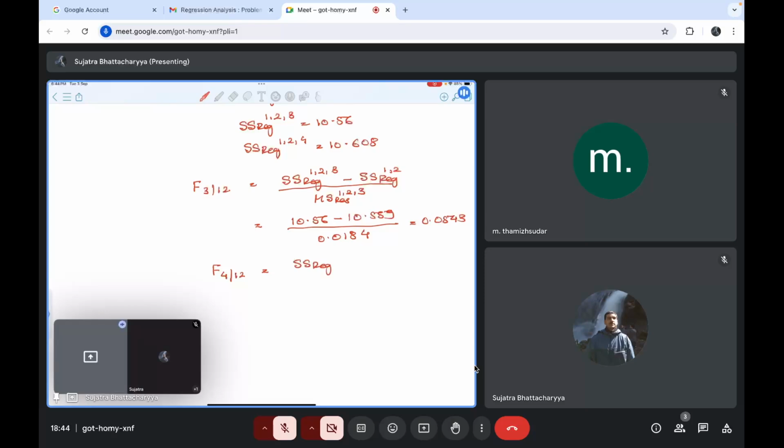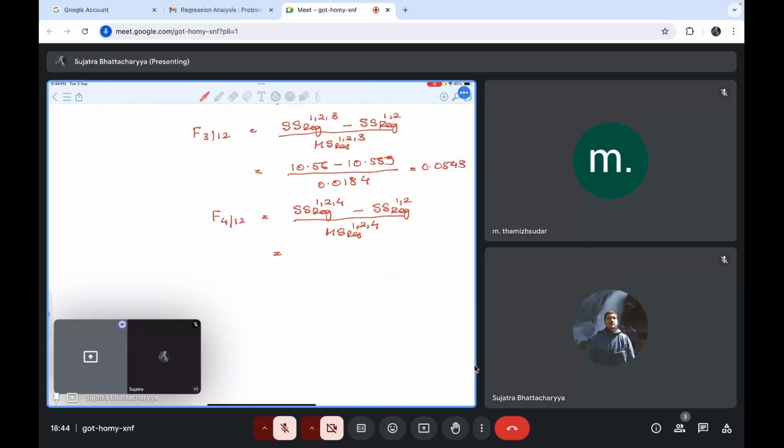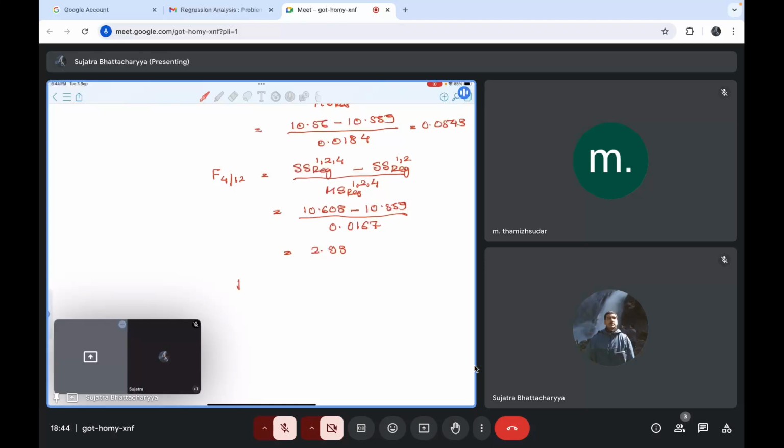Again, for the last time, I will write this: F of 4 in the presence of 1, 2 is SS regression of 1, 2, 4 minus SS regression of 1, 2, divided by MS residual of 1, 2, 4. This gives you 10.608 minus 10.559, this fixed, and the MS residual will change, which is 0.0167. This gives you 2.9. And the criterion again, F 0.05, 1 in the numerator, denominator will be 27, and this is 4.21.